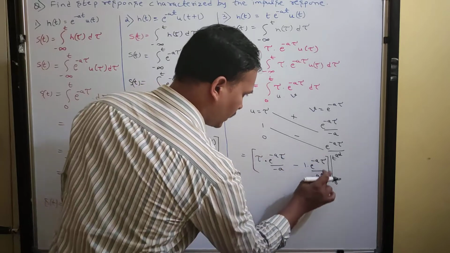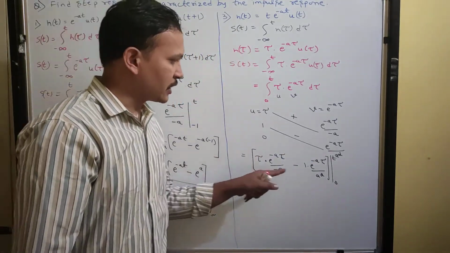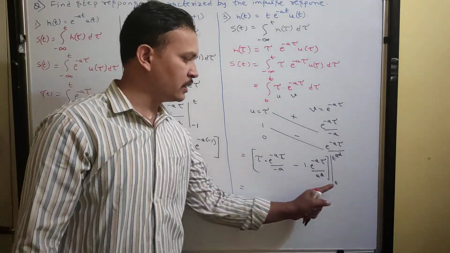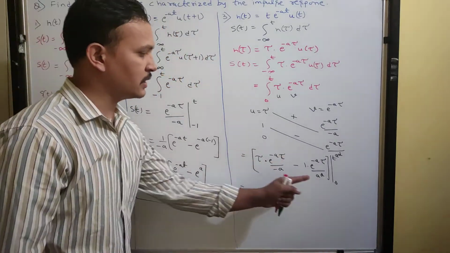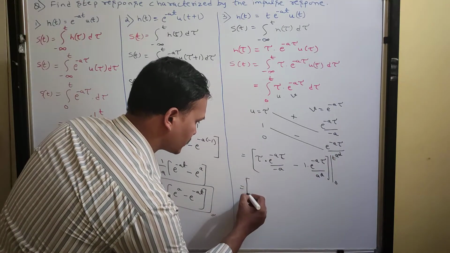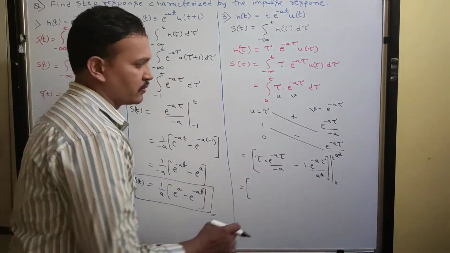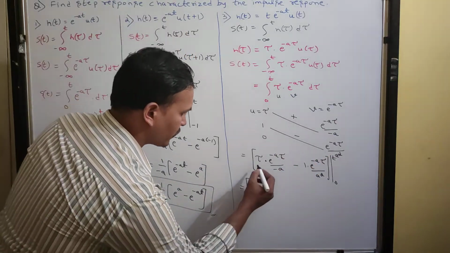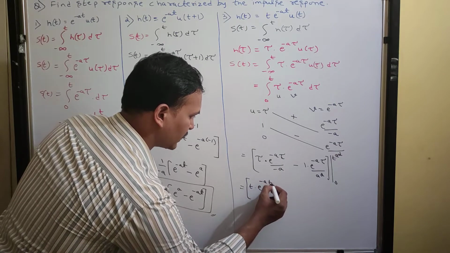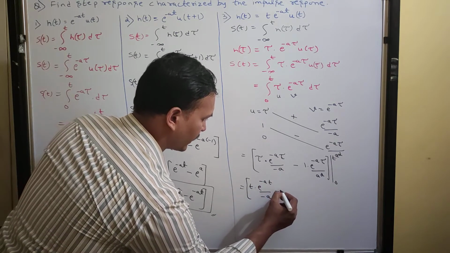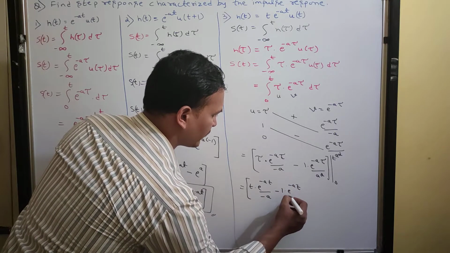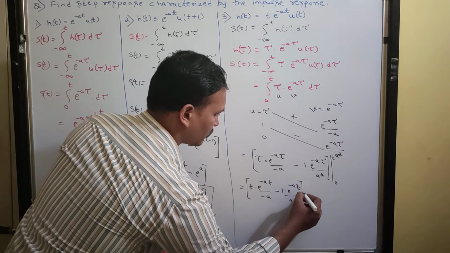Now in this entire equation replace tau by t, minus for the entire equation replace tau by 0. Wherever tau is there, replace tau by the upper limit as well as the lower limit. First I am applying the upper limit, so replace tau by t: t into e to the power of minus at by minus a, minus 1 into e to the power of minus at by a square.